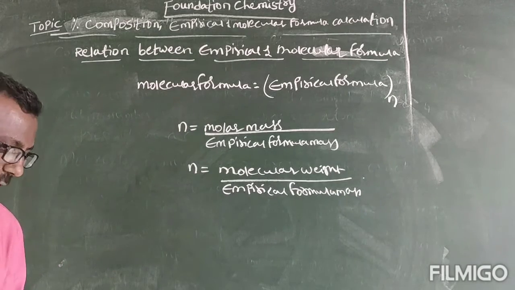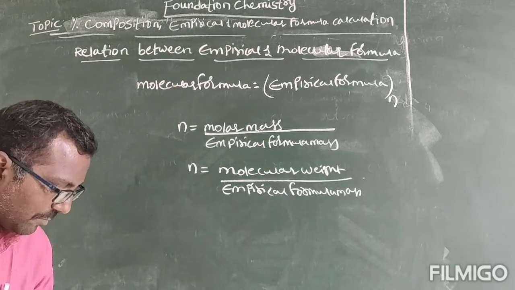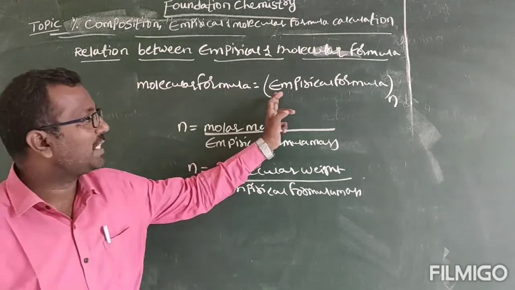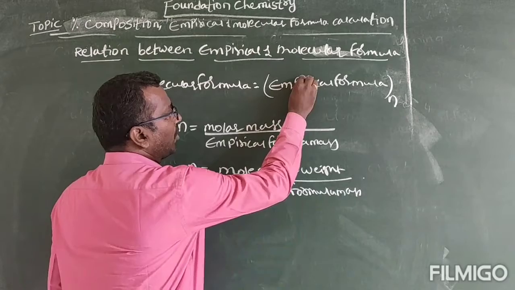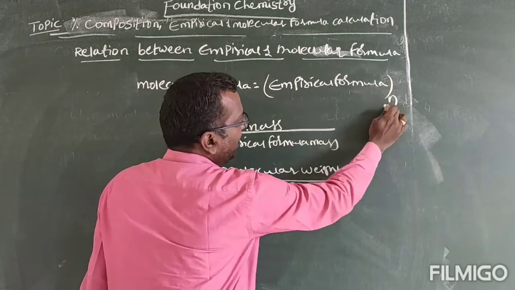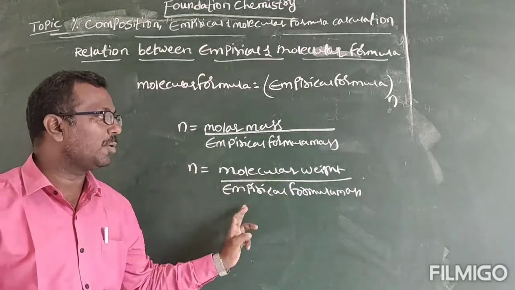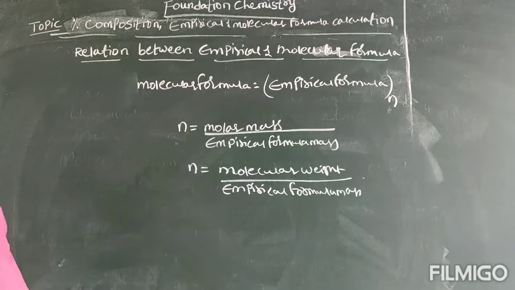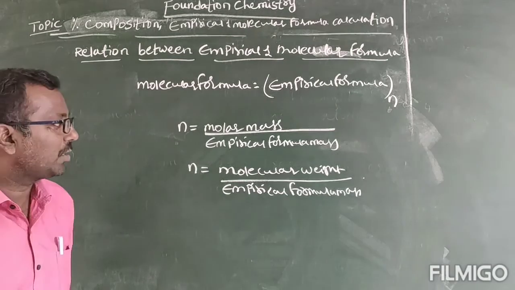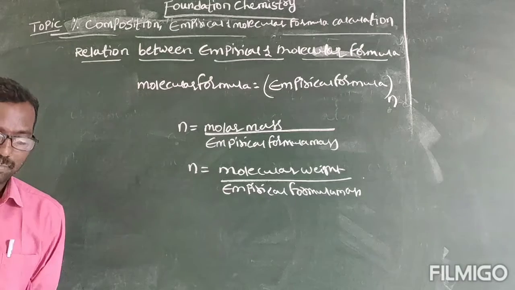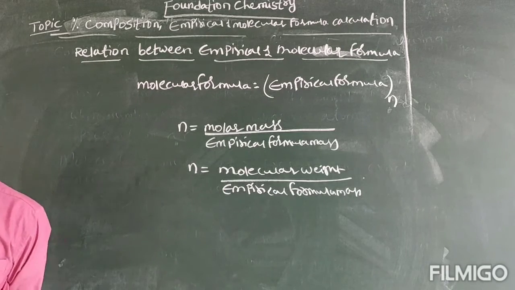So this will give you the relation. The molecular formula is written like this: the empirical formula taken n times. How will you calculate n? The molecular weight of the compound divided by the empirical formula mass of the compound. We will have one problem and then you will get clarity regarding this.